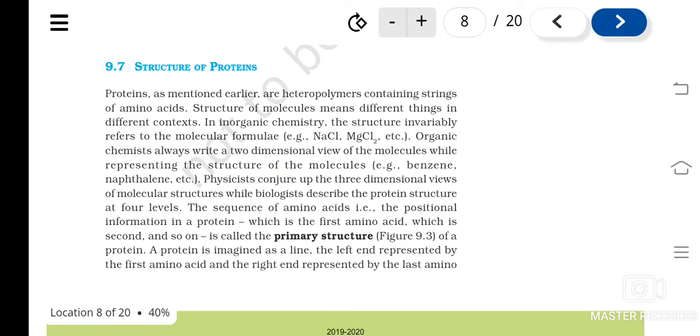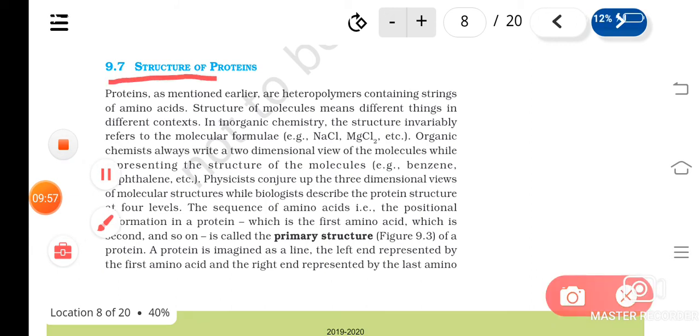Now I will teach you 9.7, the structure of proteins. Please take this page. Proteins are heteropolymers, as I told, because they are made up of different types of monomers. The structure of a molecule can be represented by molecular formulas, as in organic chemistry, or in three-dimensional views.